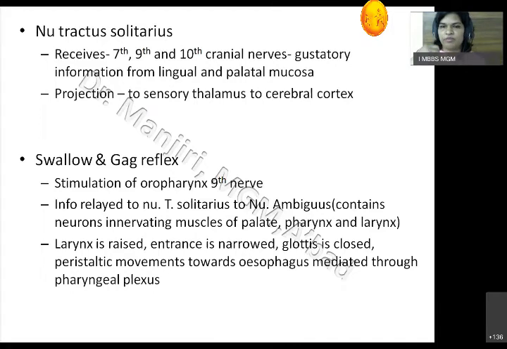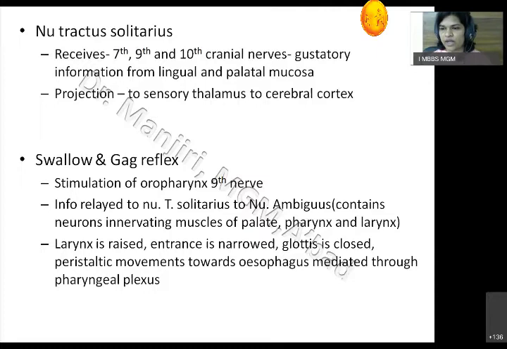Imagine a foreign body is present in the posterior part of your mouth. What will happen? The body will try to close down all the openings through which this foreign body can go. So it closes down the larynx, it closes down the nasopharynx, and it opens wide the esophagus, so that this foreign body can be pushed towards the esophagus.